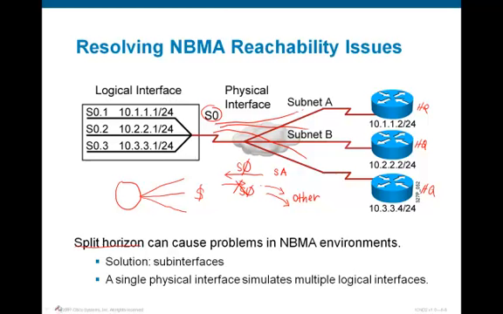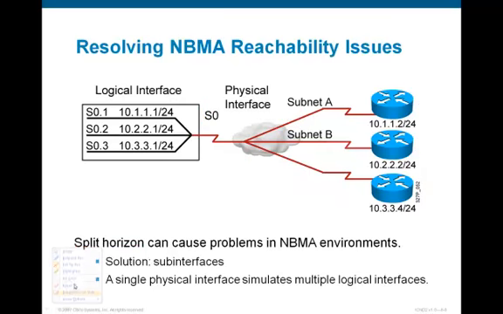Now, to overcome this limitation, what we can do is of course turn off split horizon, but then if you do that and there are any routing loops, you have to bear the consequences. So rather than turning off split horizon, we try to find ways around this split horizon rule.